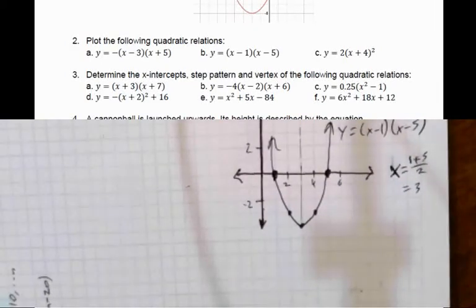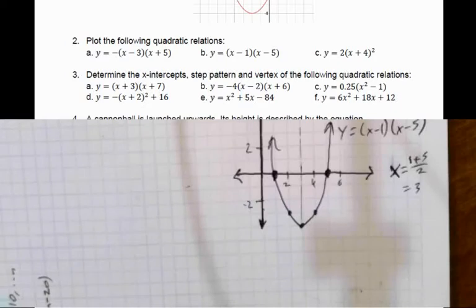For 3, determine the x-intercept, step pattern, and vertex for the following quadratic relations. In a number of these cases, you'll have to factor before you do any of that solving. So I'll just mention it for A, B, and C, you have enough information to write out your x-intercepts.